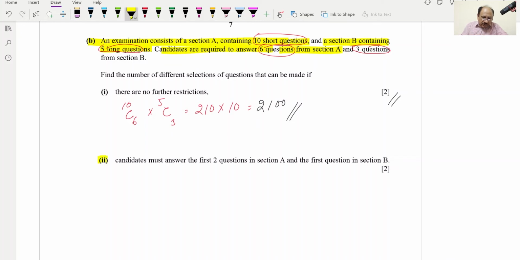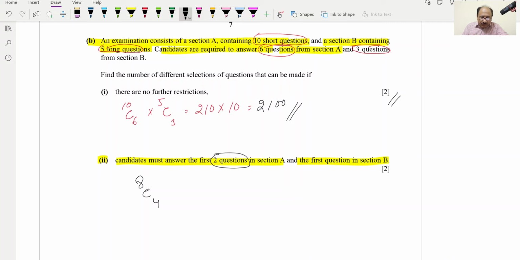Now, second part, candidates must answer the first 2 questions in section A and the first question in section B. So from section A, 2 questions need to be chosen. It means 8C4, because 2 are compulsory.